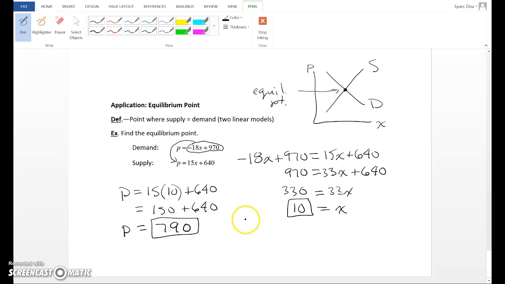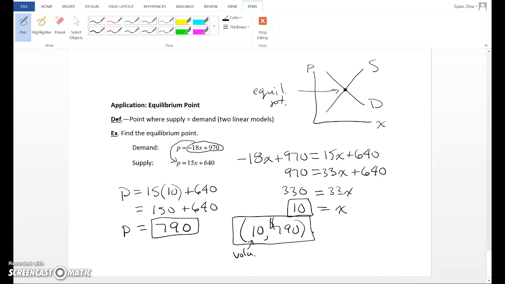Again, you can leave them separate or write them as an ordered pair, 10 and 790. Again, 10, these are 10 widgets. Alright, that's the volume. And then this is a price, so a dollar sign on that. Right, this is your answer.